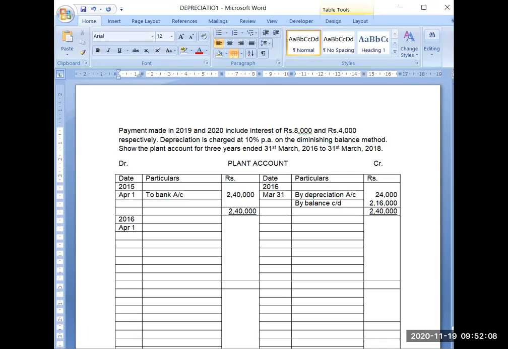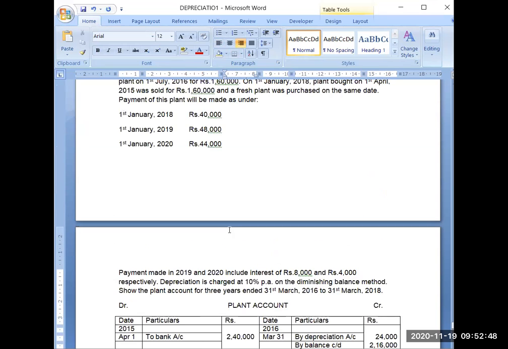April 1, to balance brought down 2,16,000. Now first check the transactions done in 16-17.